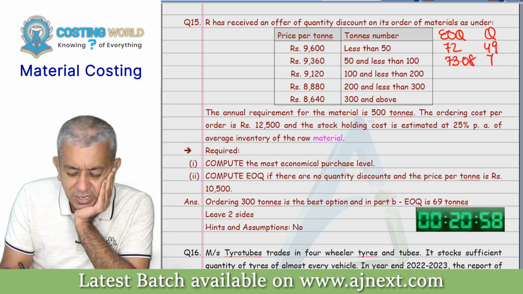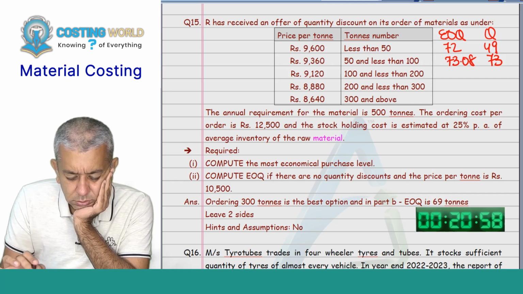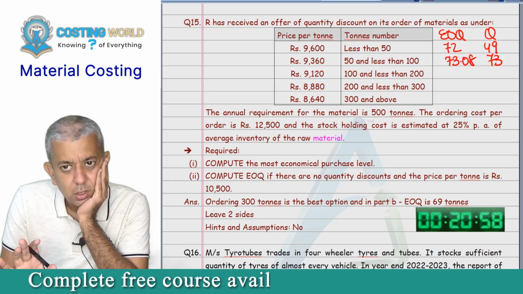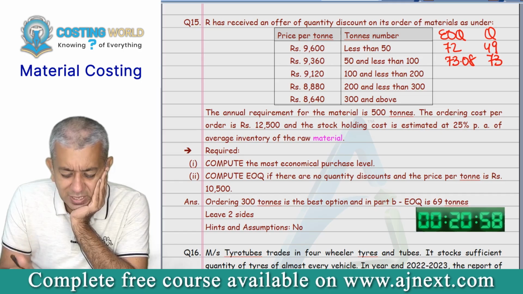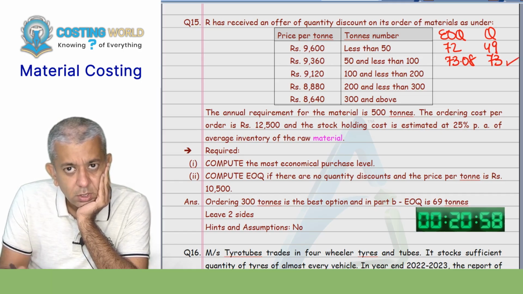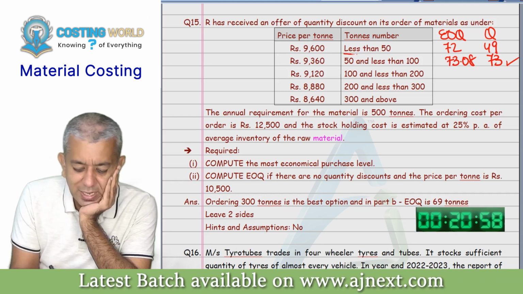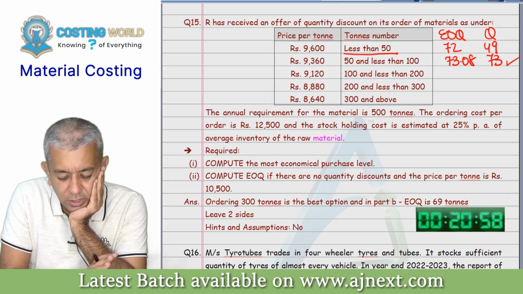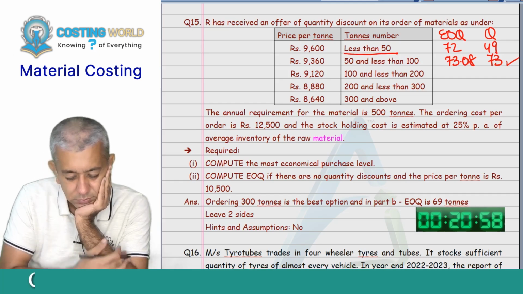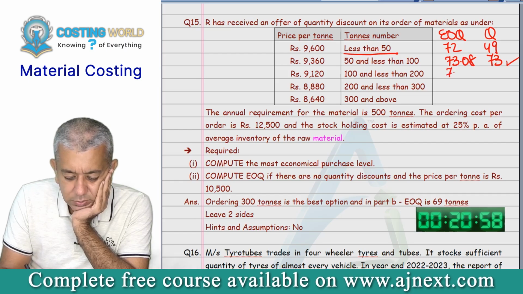So you must have taken 73, correct? Yes, sir. In the first, it was less than 50, beta, so you should have taken 49. Okay, sir. Then this one had come to 70.